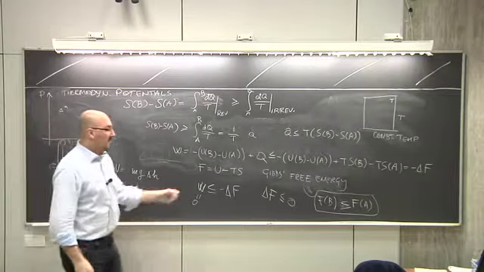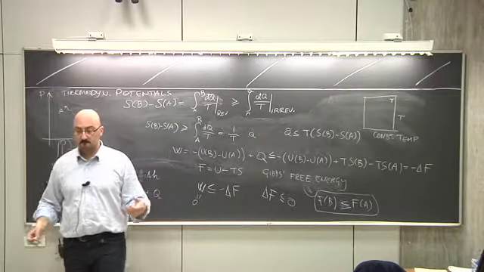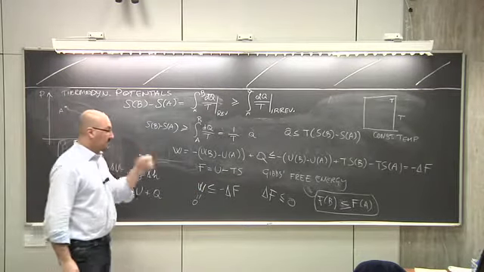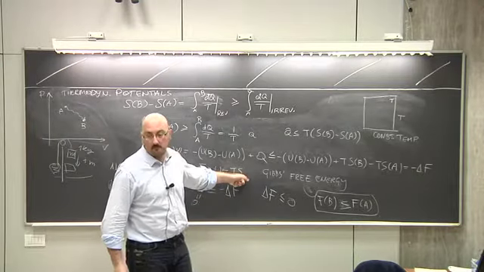When the temperature is very large and the internal energy is negligible, then our system will always try to go to points of higher entropy.